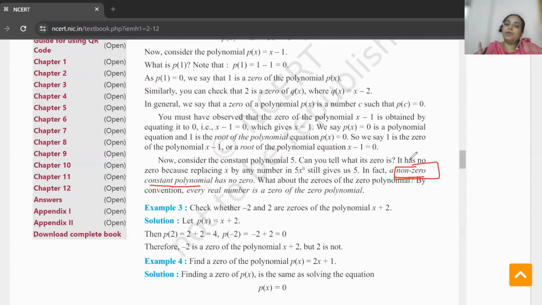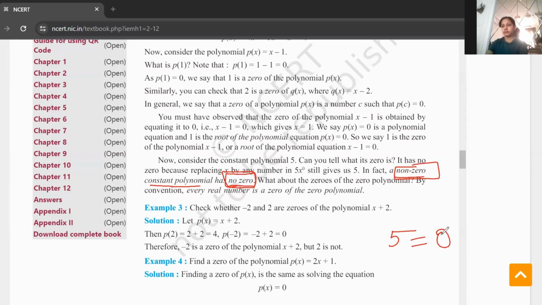Out of all the constant polynomials, it should not be the number 0. So a non-zero constant polynomial has no zeros at all. It has no solutions, right? For example, if you have 5, a polynomial 5 made from a constant, can you ever put it equal to 0? No, ma'am. Because to find the value of a polynomial, you are always equating it with 0, but this you can never equate with 0. This will never be equal to 0. This means there is no zero of a non-zero constant polynomial. Understood, children?